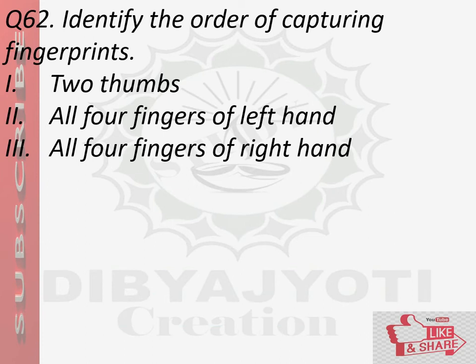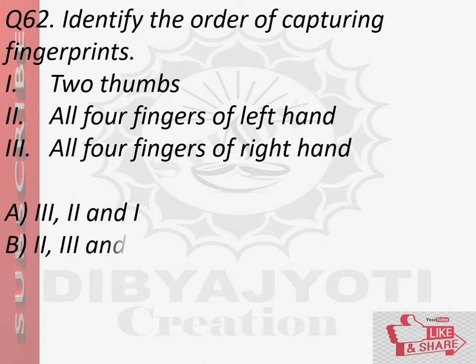The question is: identify the order of capturing fingerprints. The options are 3, 2, 1; 2, 3, 1; and 1, 2 and 3.